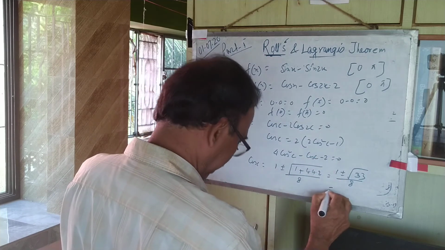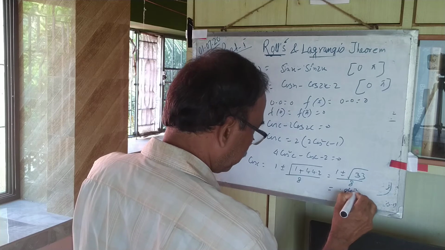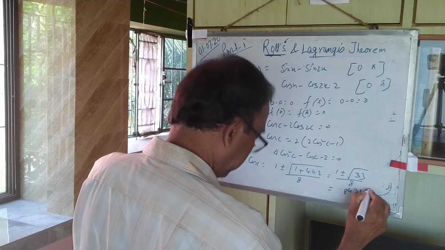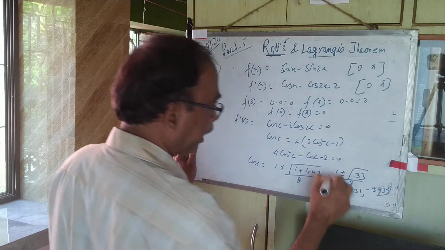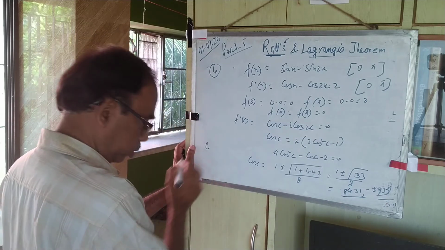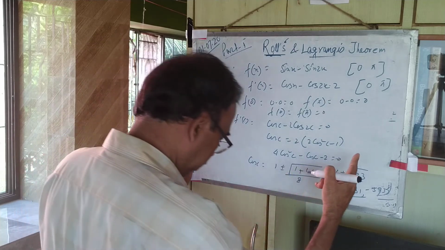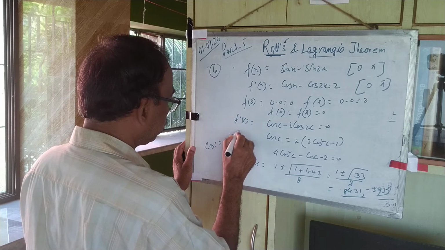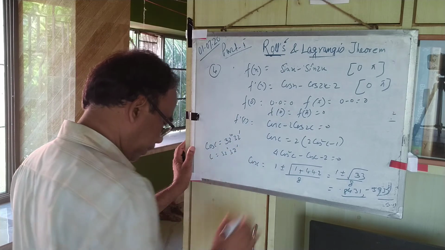After simplification, we get the value 0.8431 or minus 0.5931. Therefore, cos c equals 0.8431, which is 32 degree 32 minute. That is c equals 32 degree 32 minute.